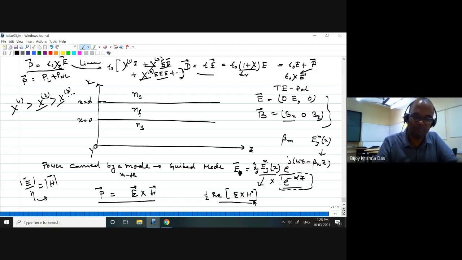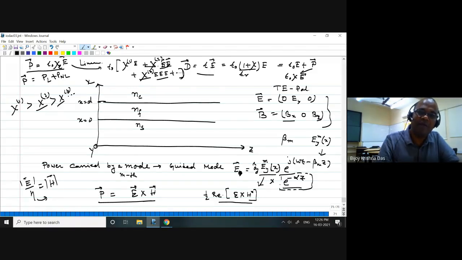That is the real power which is flowing out of the system. If E and H are complex terms, then after multiplication, taking the complex conjugate and multiplying, the result will be complex also.